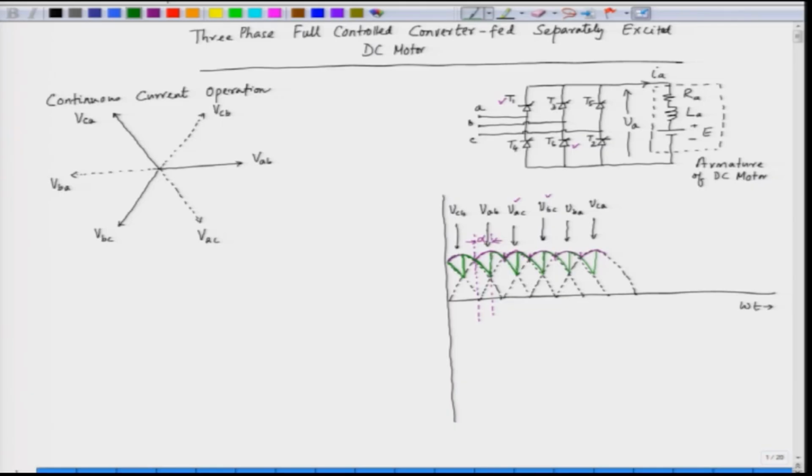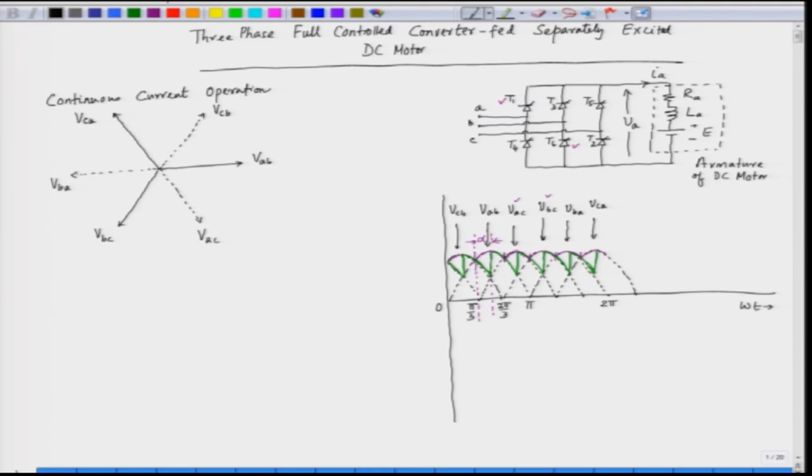So, this is the output voltage of a 3-phase full control bridge here. If we see the x axis, this is the 0 here, and here we complete 1 half cycle, pi, and then we complete 1 cycle, that is 2 pi, and these are pi by 3, this is 2 pi by 3 and so on.